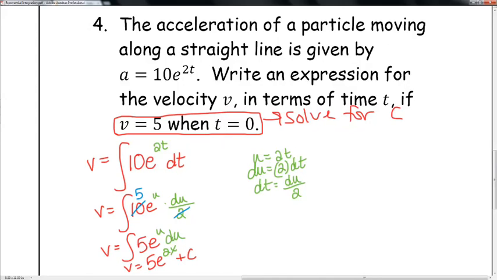Well, we want to find the particular solution. So when v is 5, we want to find what c is going to be. So if v is going to be 5, and t is 0, we're solving for our c.